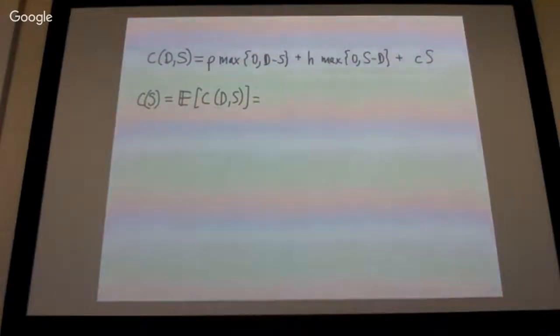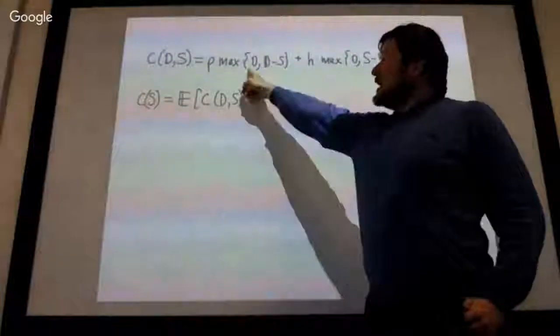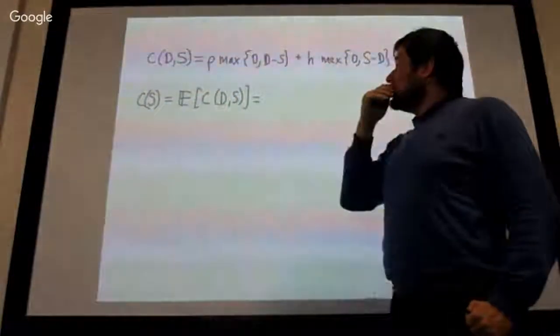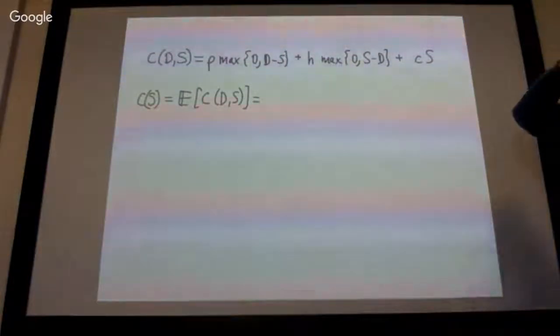Okay, so what's this expectation of that value? How does this work?